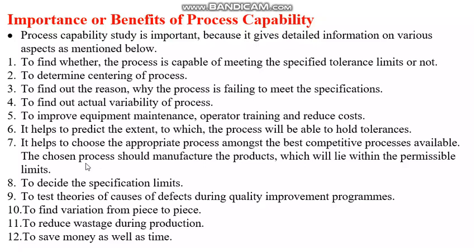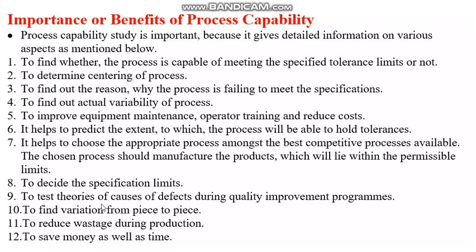So for comparing the processes also, the process capability study will be helpful. The chosen process should manufacture products which lie within the permissible limits. To decide the specification limits also, to decide what should be the tolerance limits, process capability study gives you an idea. To test theories of causes of defects during quality improvement programs.